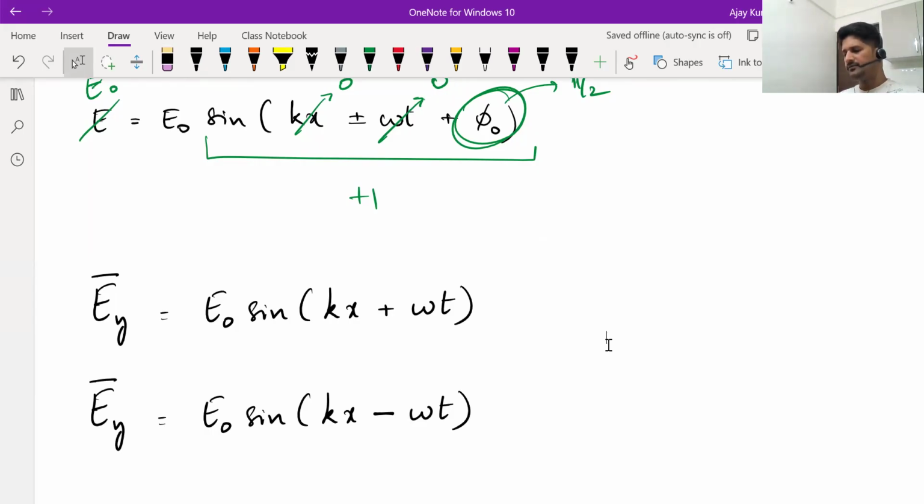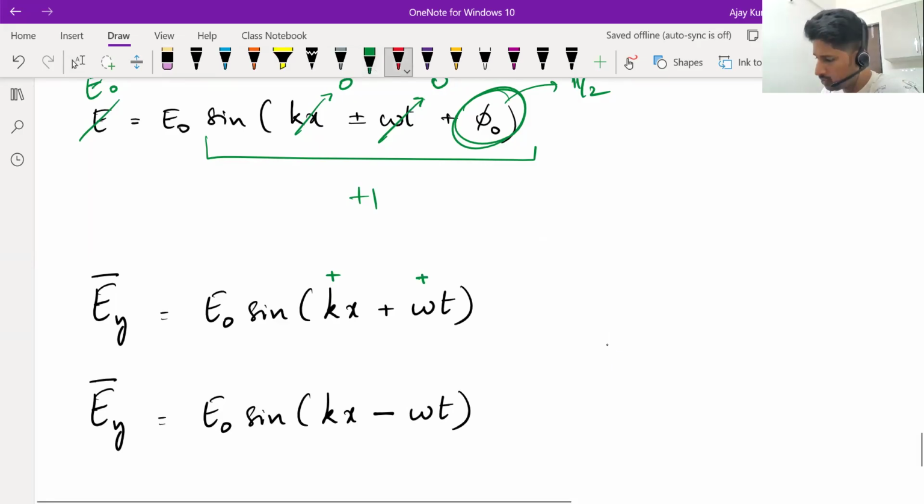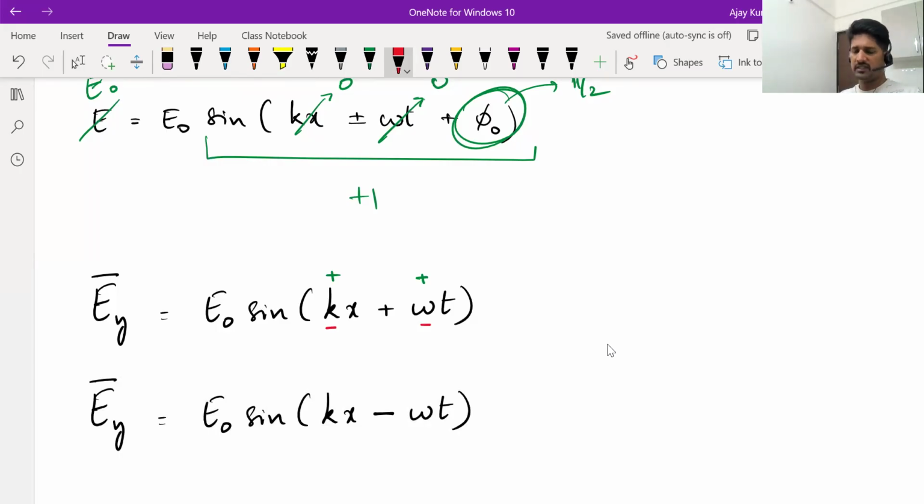If the coefficient of position and the coefficient of time are of the same sign, they could both be positive or they could both be negative also, then the wave propagates in the negative direction along that axis. Here, it's propagating along the x-axis, so I should say it's propagating in the negative x direction.